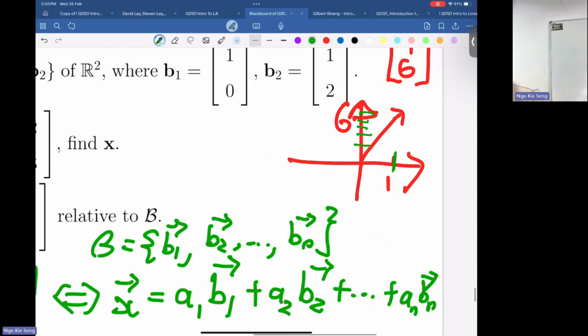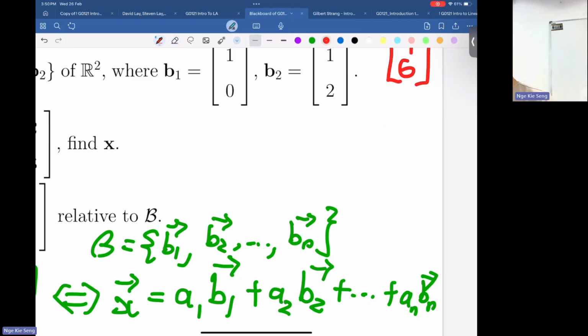Let me draw it to scale. 1 unit going to the right, and then 6 units going to the top: 1, 2, 3, 4, 5, 6. So your vector looks like this.